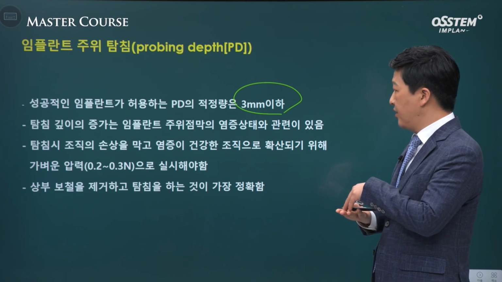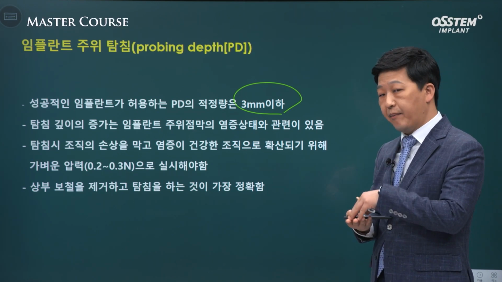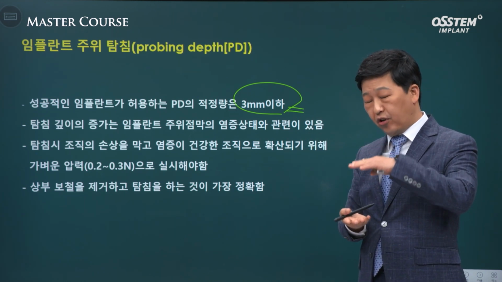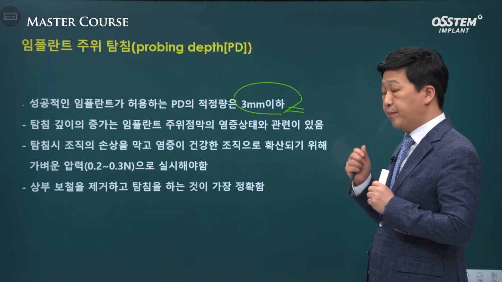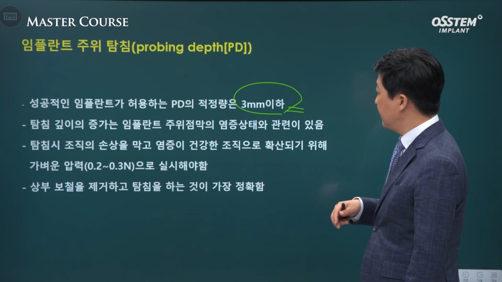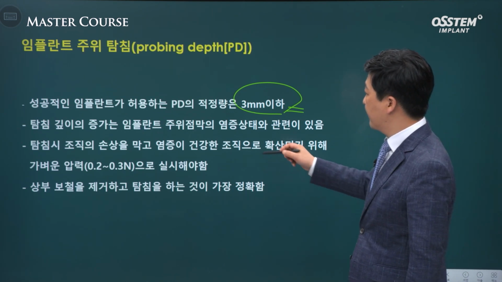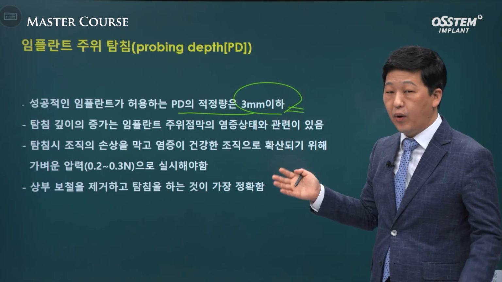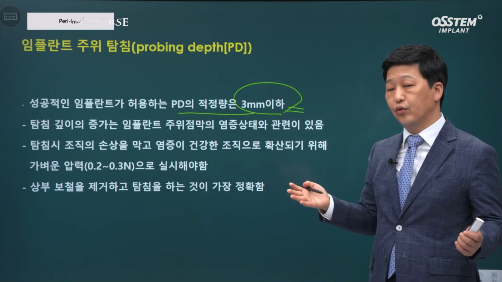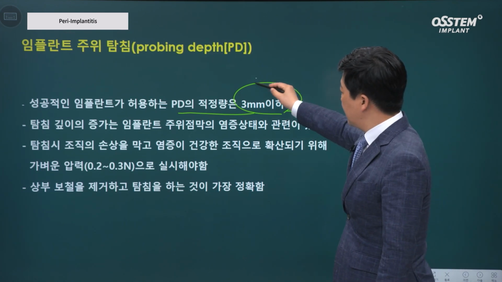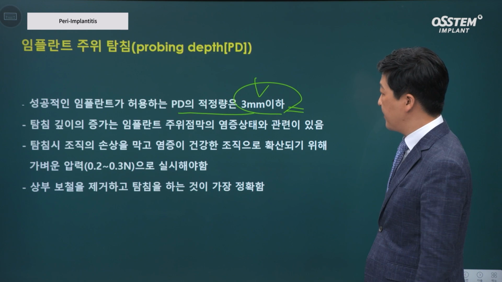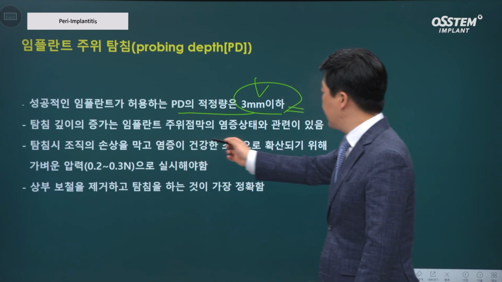This is the amount considering the mucosa thickness that has been healed. If the gingiva is thick, or in the case of immediate implant placement, even if probing depth goes beyond 3 millimeters, it may not be peri-implantitis, so we should not trust this figure in an absolute manner.